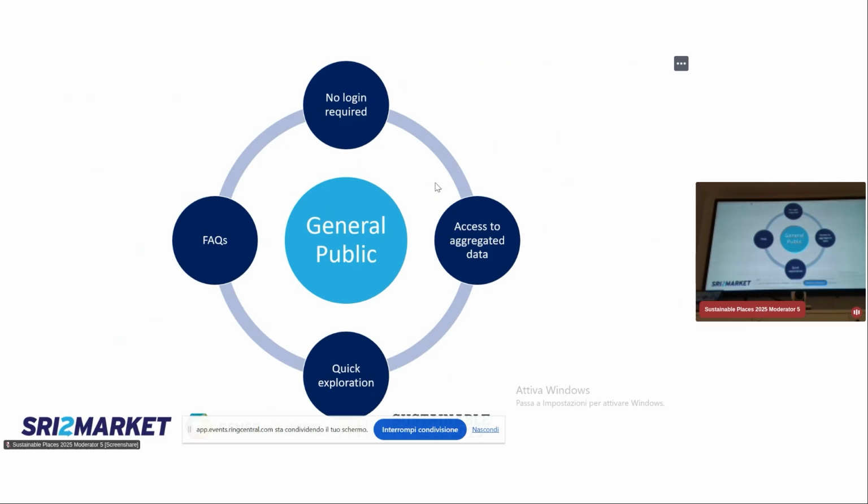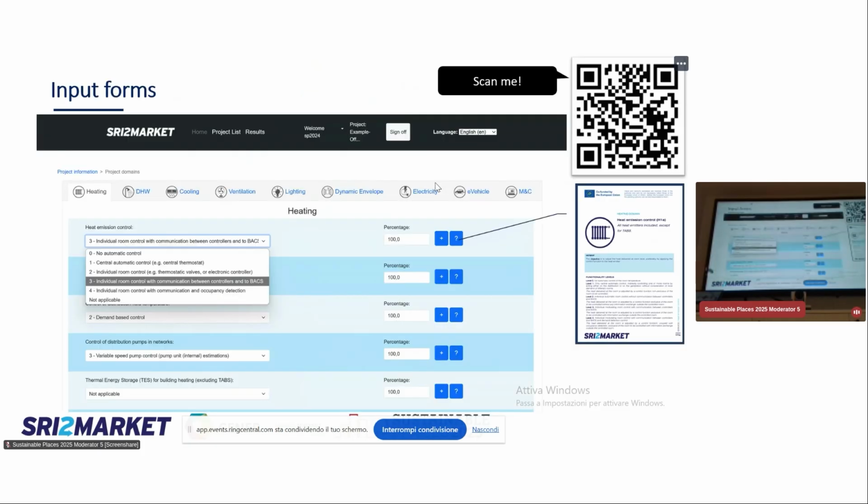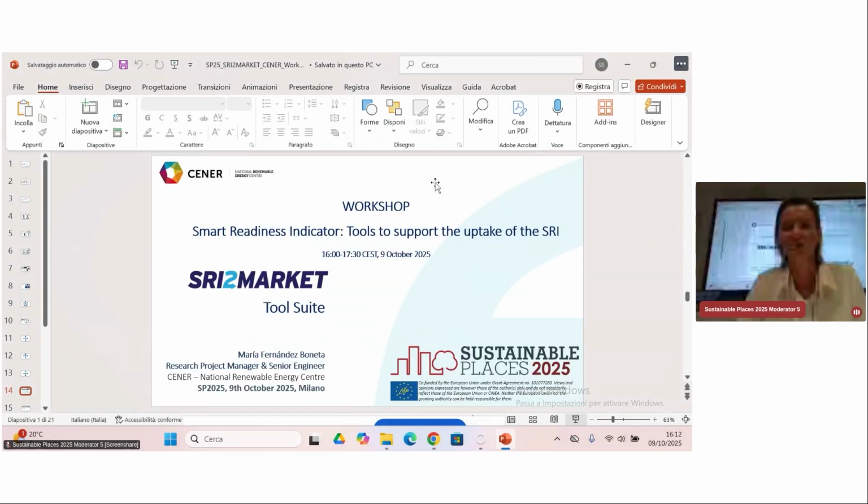Also, we have a quick exploration section that we have just incorporated into the tool for non-experts to check what the score of your building could be, just asking three basic characteristics of it, like the age of construction, the climatic zone, and the building typology. And finally, we also have the facts section open to the general public, okay? So I would like now to show you the tool.